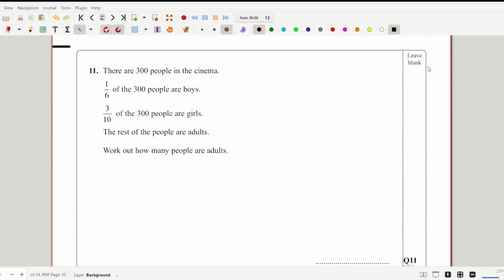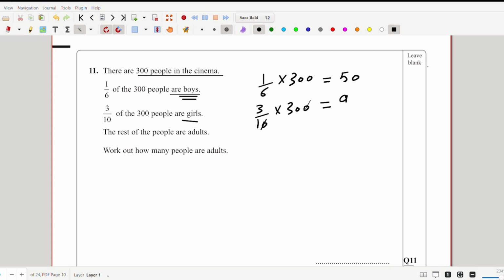Question 11. There are 300 people in the cinema. 1/6 of the 300 people are boys, so 1/6 times 300 gives us 50 boys. Now 3/10 of 300 are girls, so we have 90.